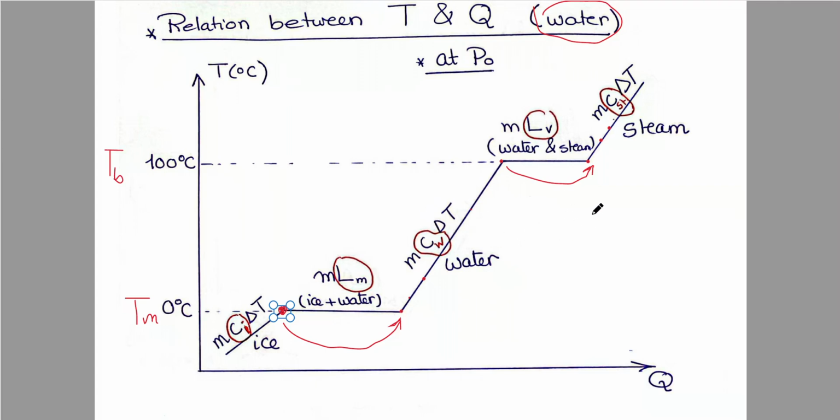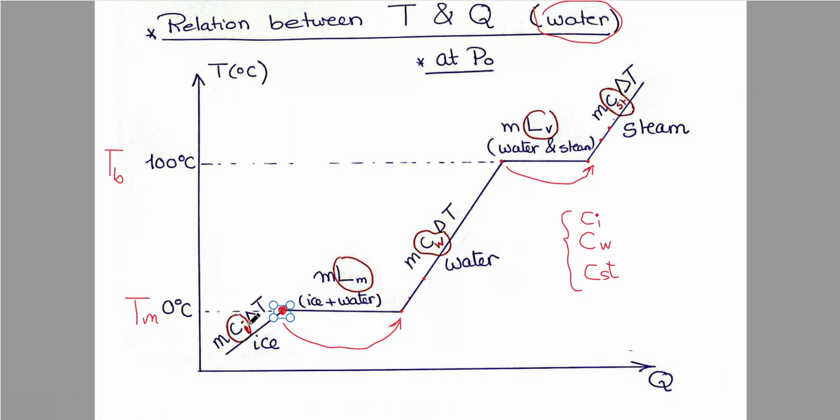So water has a specific heat for ice in the solid state, a specific heat for water in the liquid state, and a specific heat for water in the vapor state, which is steam. So these are three for the three phases. If you are in the phase of the solid ice, use c ice.